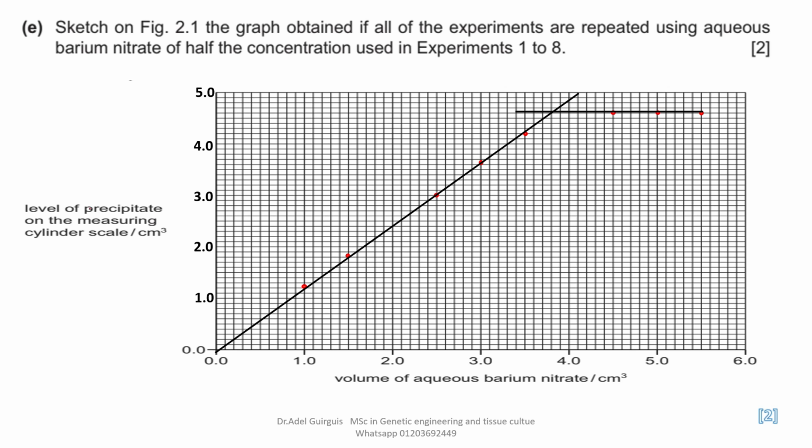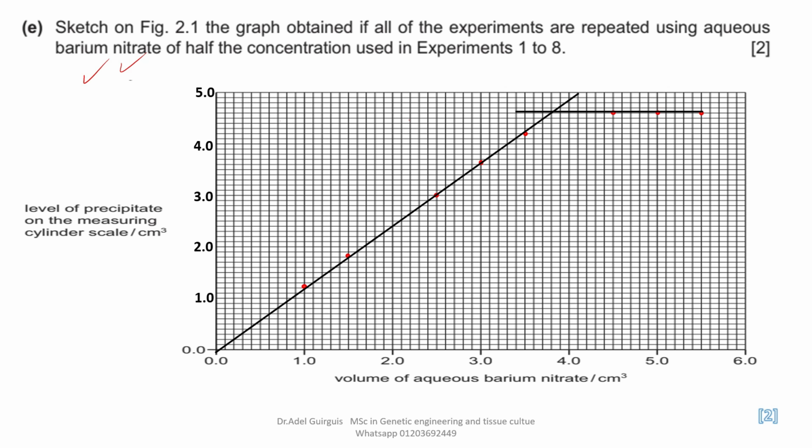When we use barium nitrate of half the concentration, not the volume, the volume is the same, but the concentration of barium nitrate is reduced to half. So predict or sketch the graph obtained.